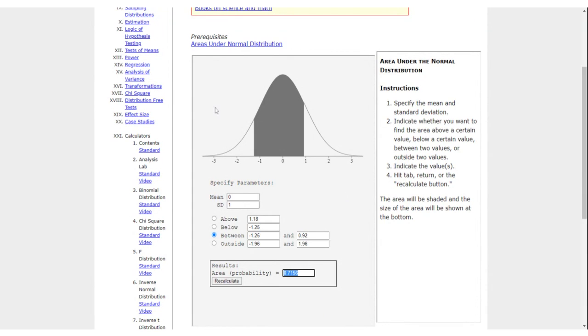But you can see the way it works when you're calculating this by hand is you find everything from here on over, which was your big number, the 0.92. And then when you look this one up, it's the smaller number. And so when you subtract it, you're essentially cutting that little piece off, and that tells you how much is in between.